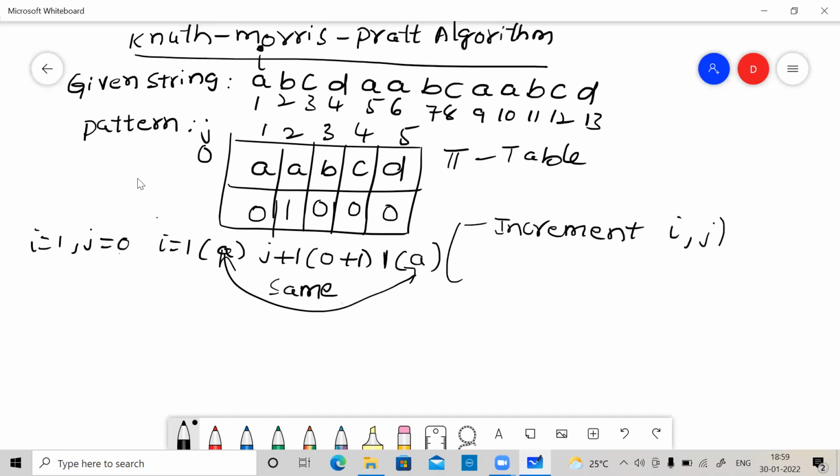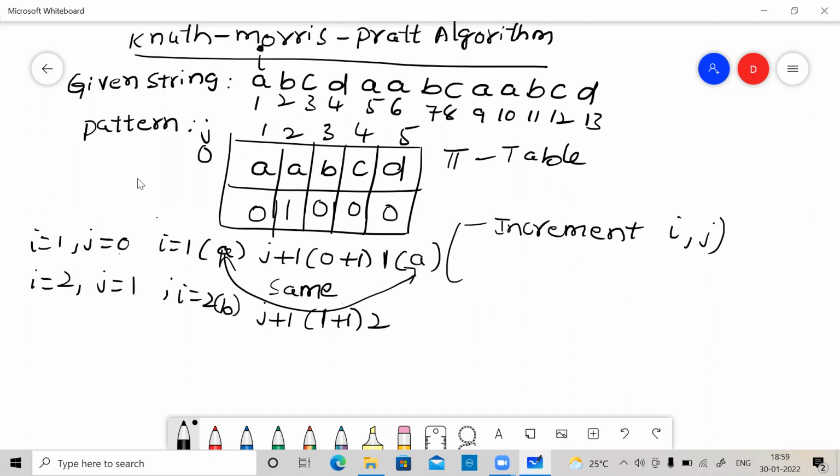i and j. If you increment i and j, you will have i equal to 2, j equal to 1. At i equal to 2, the value here is B. We should not consider 1 here, we should consider j plus 1. j is now 1, 1 plus 1 is 2.